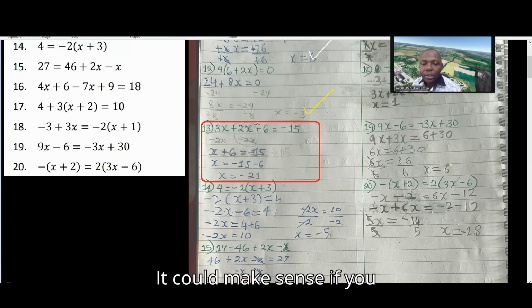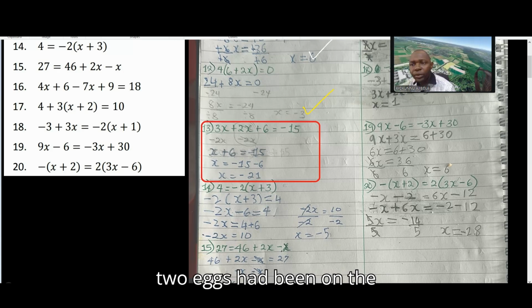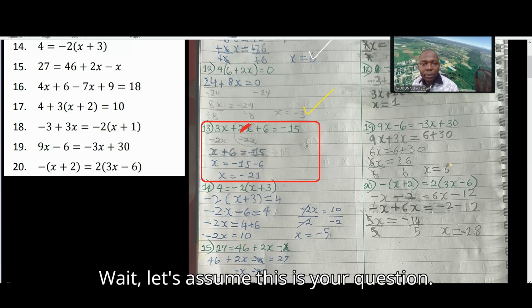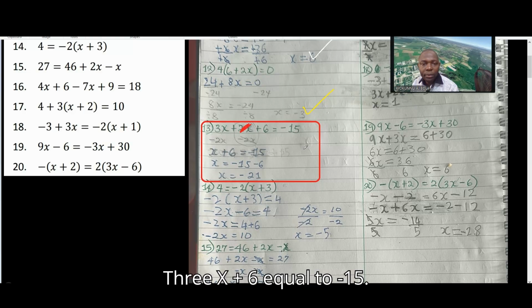It could make sense if you had a different scenario, if these 2x had been on the right side, okay? Wait, let's assume this is your question. 3x plus 6 equal to negative 15 plus 2x. Are you with me? Yes.